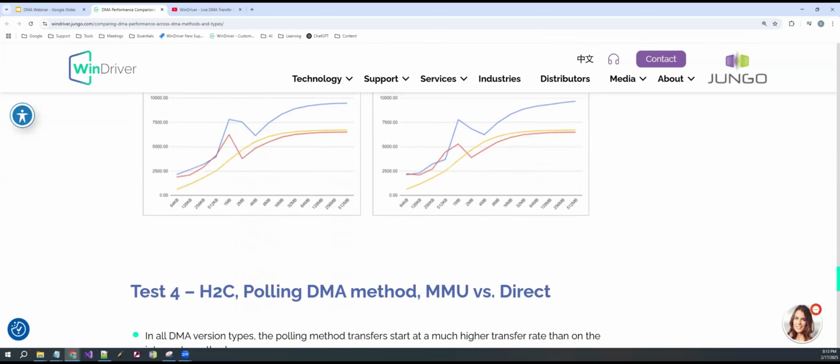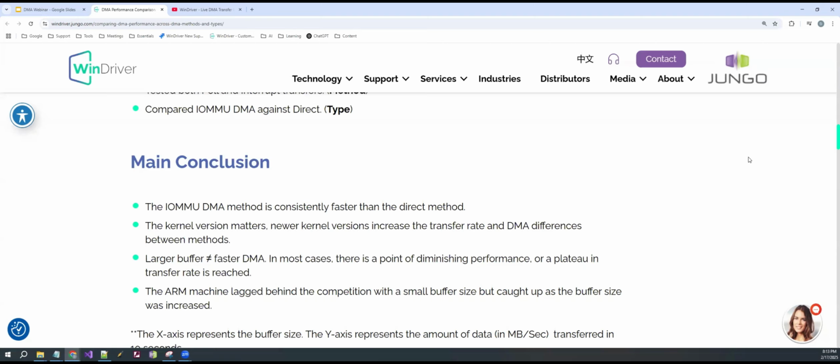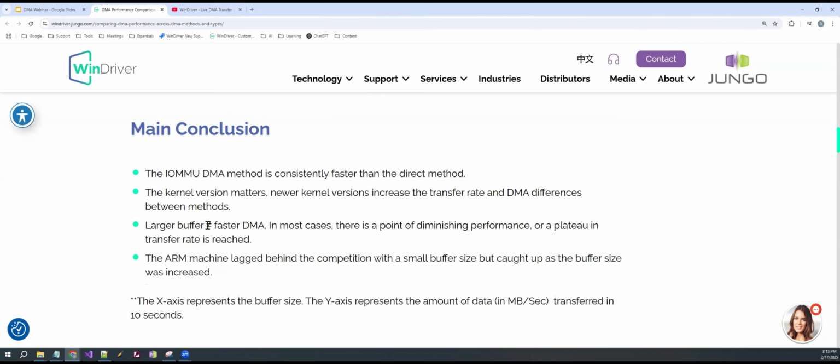I must say, it is a very, very specific outcome based on our specific devices and their specifications. What I want people to take from it, or get inspired by, is to try for themselves. For example, we saw that larger buffers don't necessarily mean a faster DMA. There is an optimum point, and after it the performance diminishes.